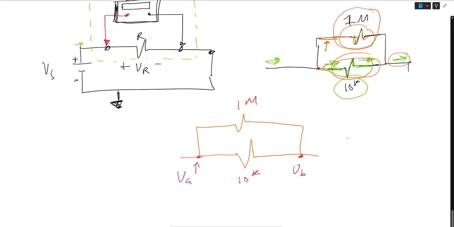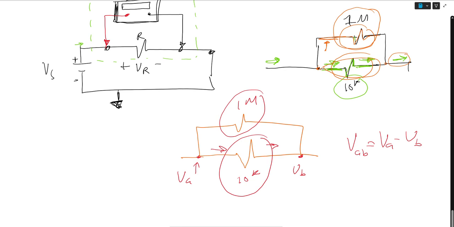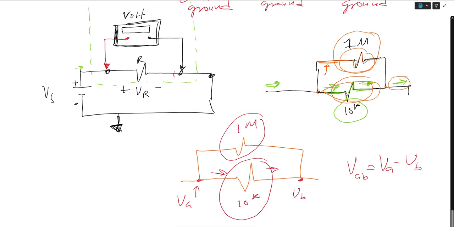So that means that their voltage difference VAB is equal to VA minus VB, where we're still making the 10 kilo ohm take the most current, but we're measuring the same amount of voltage. So I hope this concept makes sense on how to measure voltage in your schematic.